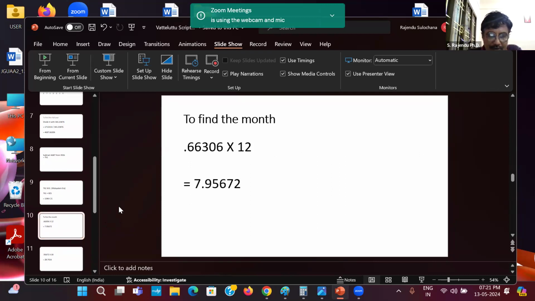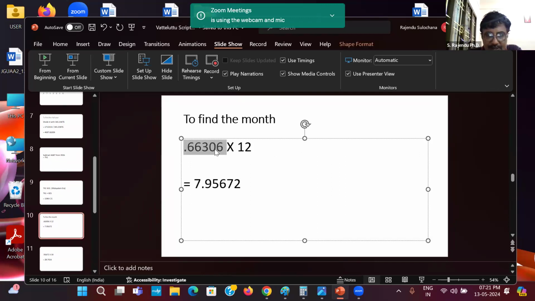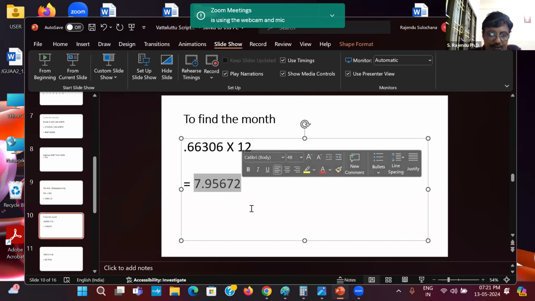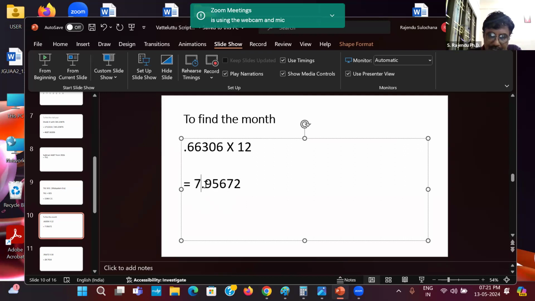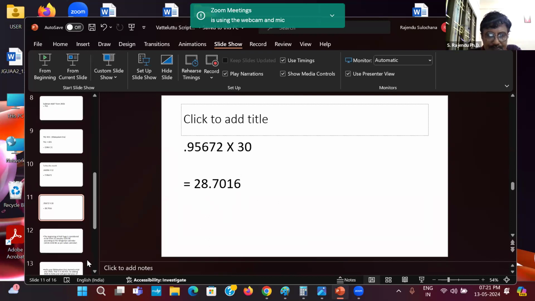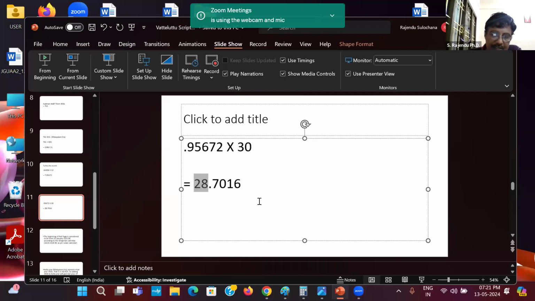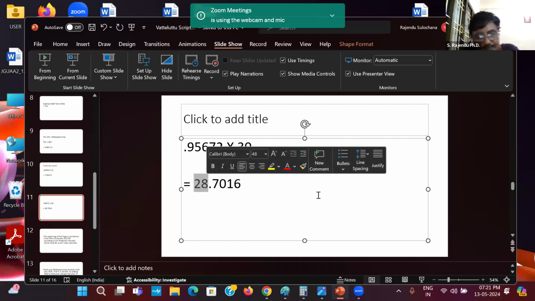How did you get it? 0.66306 into 12 is equal to 7.95672, which means he wrote this in the seventh month. Then, to find the day on which he wrote it, 0.95672 into 30 is equal to 28. No need of this part then. You can write: 28th day, 7th month, 1586 AD.